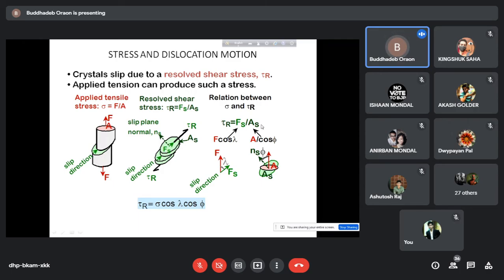Tau will be F_S divided by A_S, and if you transform this relationship, finally you will get a relation of resolved shear stress, which involves applied normal stress sigma times cos lambda times cos phi. So this is the expression of the resolved shear stress.